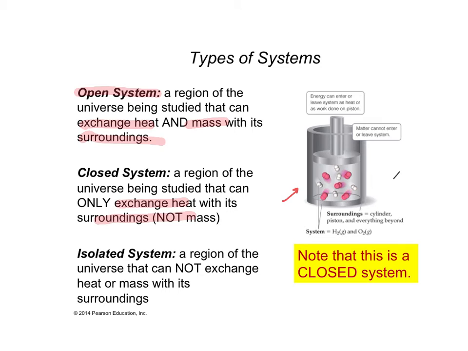I don't know how cars really work, I know there's an expansion of a piston because of gases. This is a system where you can't actually exchange matter. The matter is going to stay in the system, but it can exchange energy in the form of doing work by expanding against that piston. Okay, so closed systems don't exchange matter, but they do exchange energy.